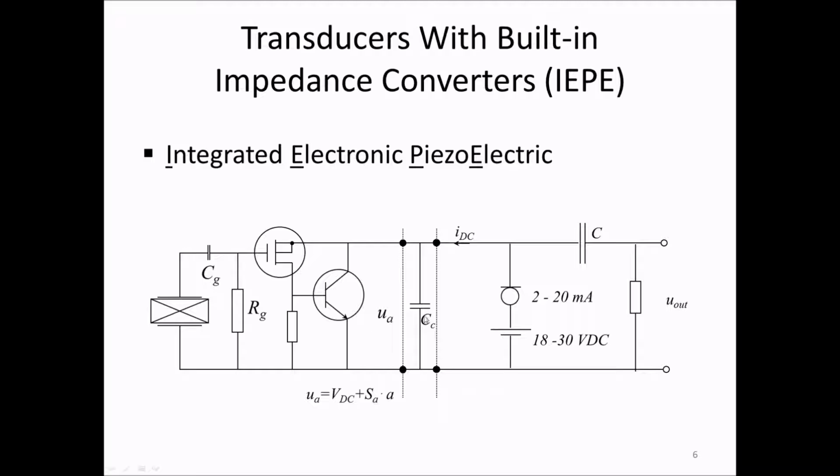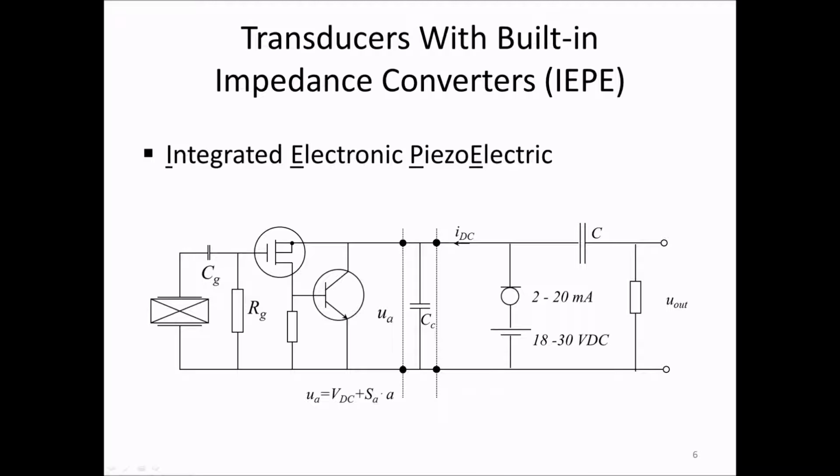The cable is described by a capacitance. And on the right-hand side, there is a circuit producing a current for powering the amplifier in the sensor and a decoupling capacitor that removes the DC voltage from the output voltage.